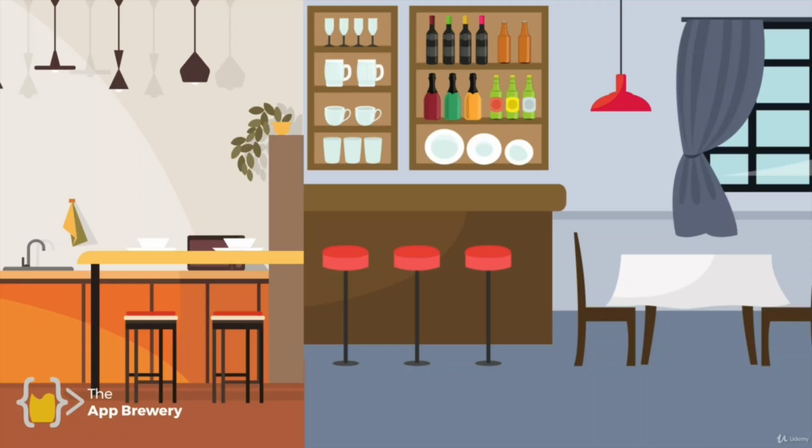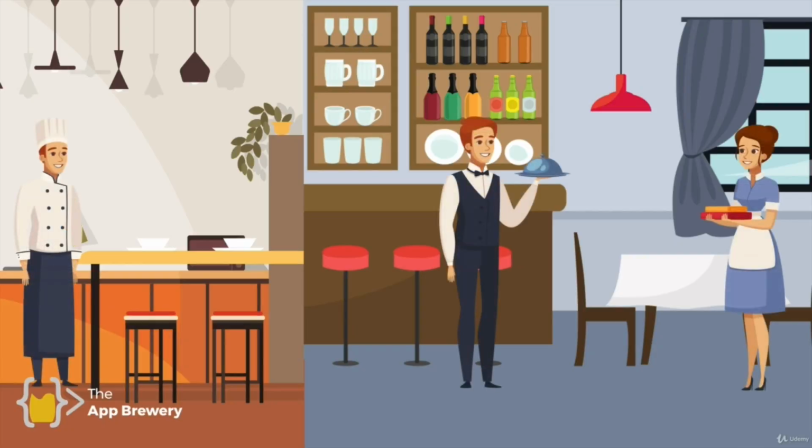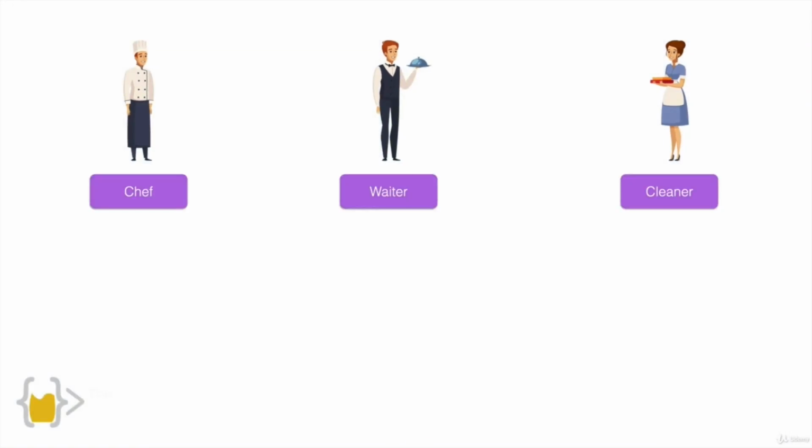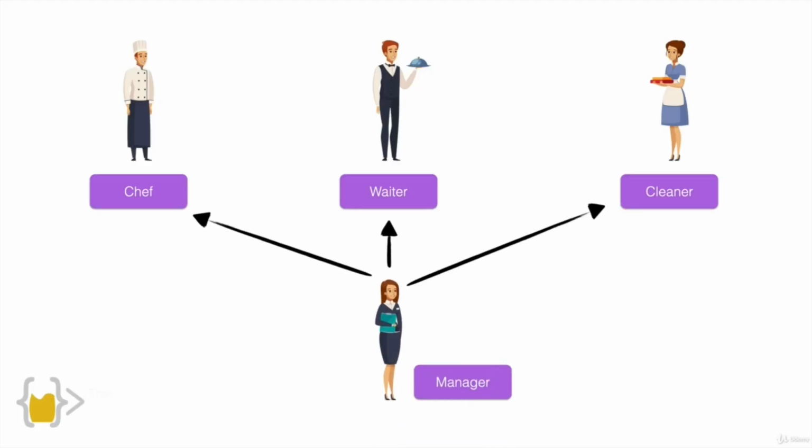So let's consider the alternative. What if we had just hired a bunch of people where they each have their own individual roles, they're trained for it, they know what to do, the waiter knows how to wait, and the chef knows how to cook? Well, in this case, you could just be the manager, and you can manage all of your staff and tell them what it is that they need to do.